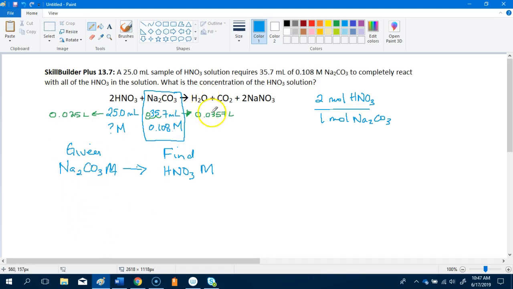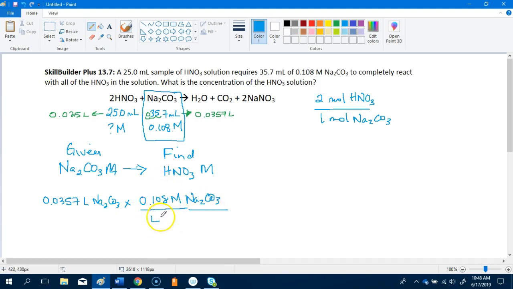So we're going to start out with our liters of sodium carbonate. So I have 0.0357 liters of our sodium carbonate, and I'm going to multiply that by our concentration, which is 0.108 moles per liter of sodium carbonate.